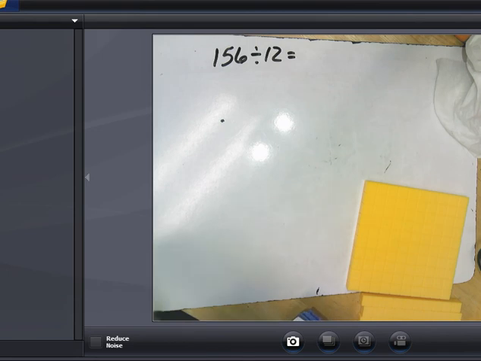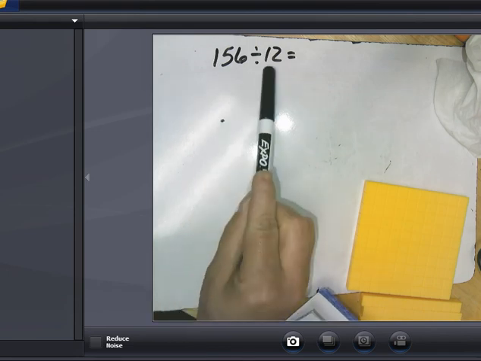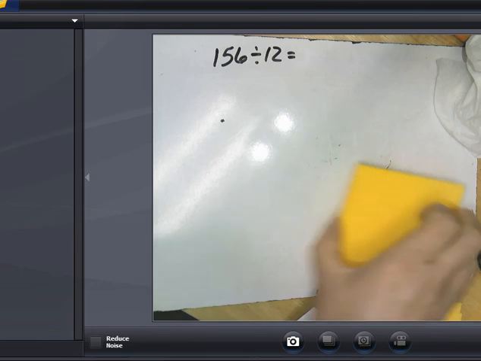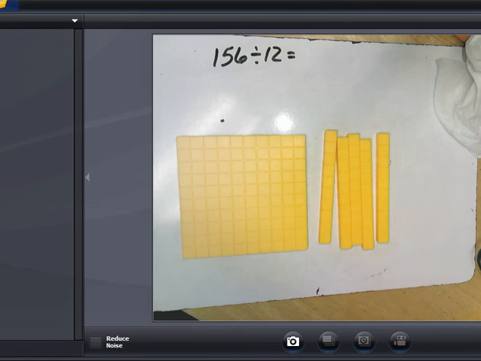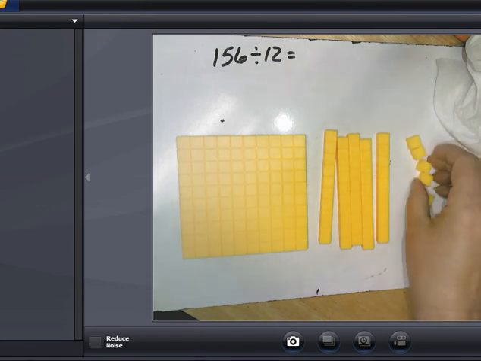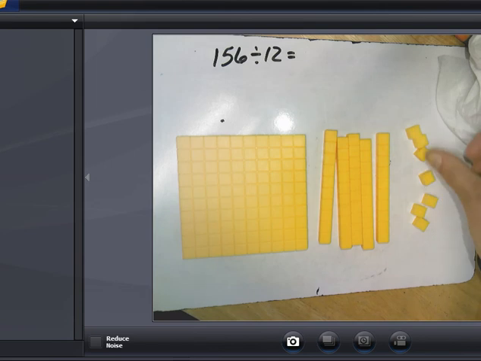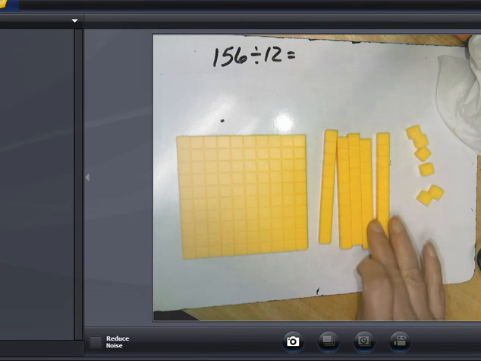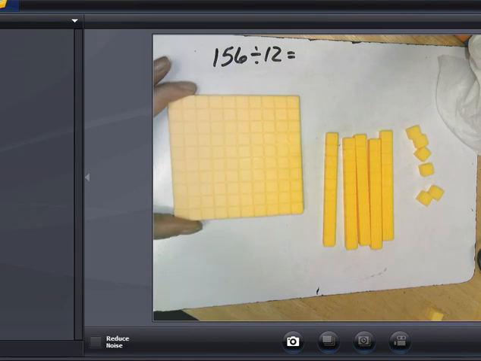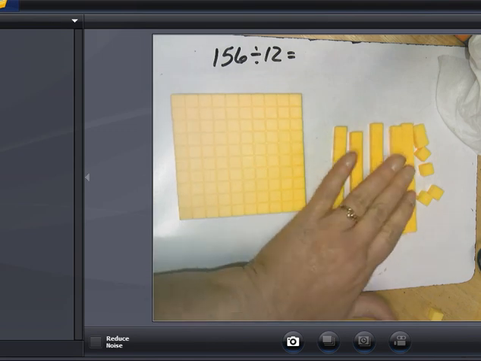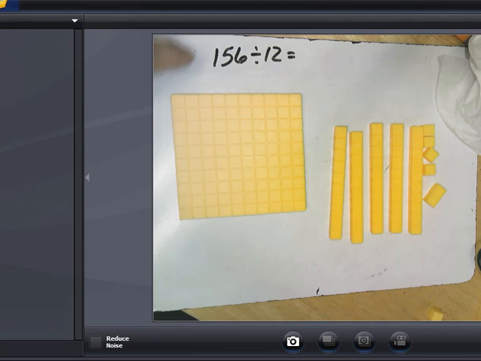So we have our dividend and we have our divisor. So I'm going to get out my 156 base 10 blocks. Okay, now I have my 156 out.